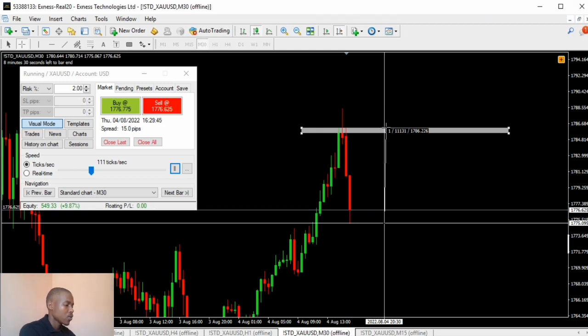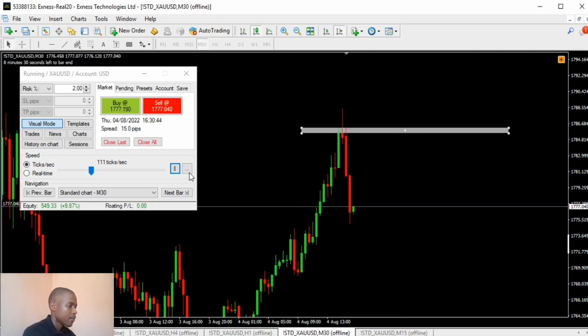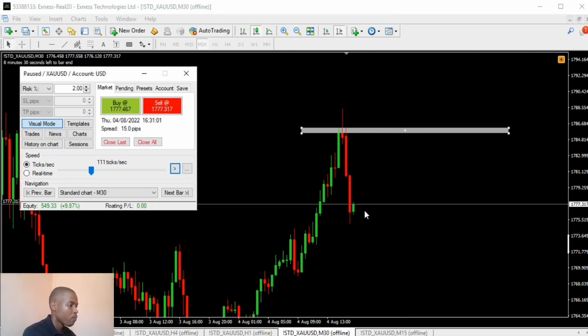Okay, so now we can see price is rejecting. Price has just rejected, a bullish candle rejected. Now what I'd want to see is for price to reach this level right here.